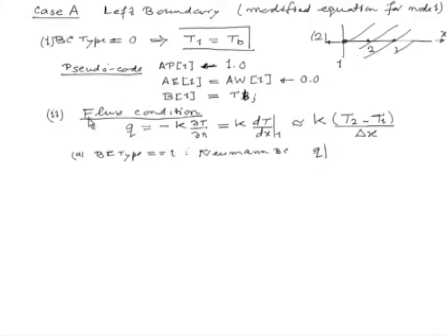Q at x is equal to, or I is equal to 1, this Q is given as QB. So if you set this value to our finite difference approximation, we get k times (T2 minus T1) divided by delta x is equal to QB, and this gives us our standard equation.